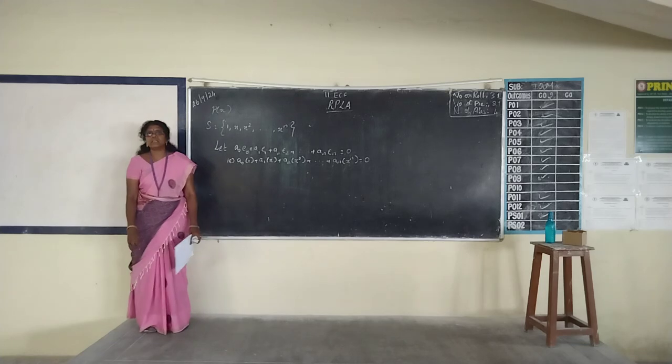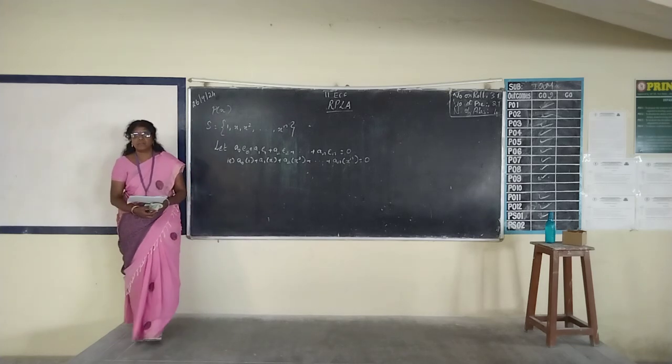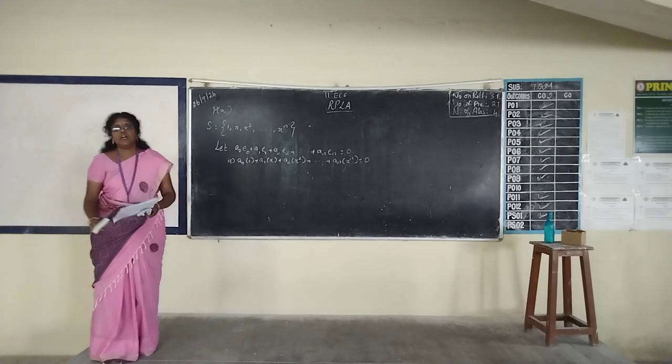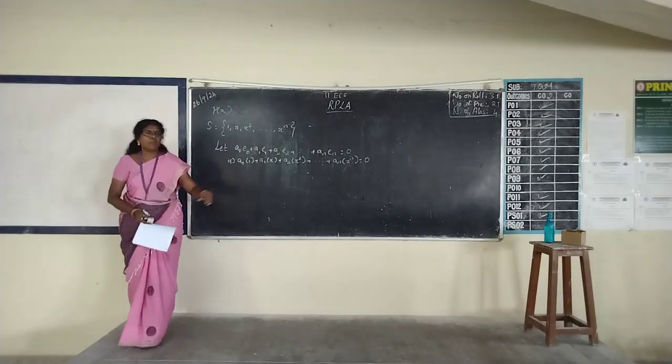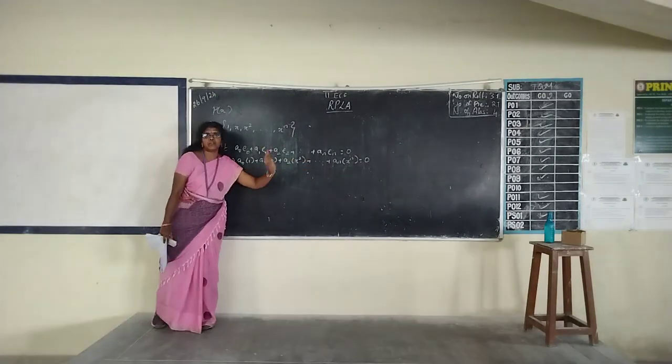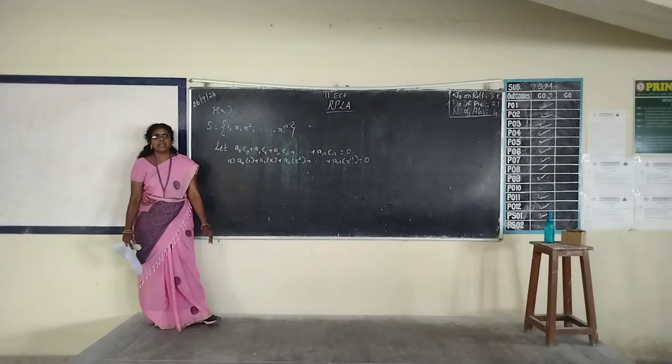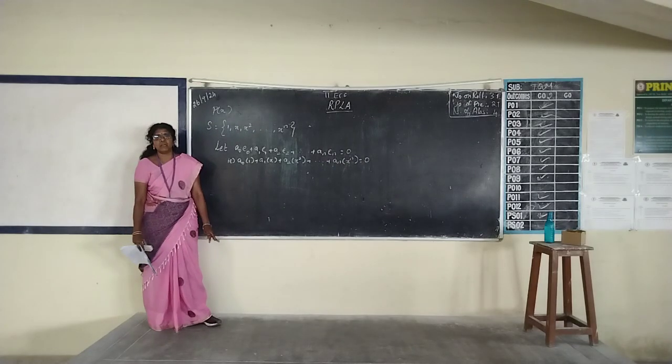Now tell me, when can this happen? What is the possibility of this equation to be equal to 0? x is our variable.